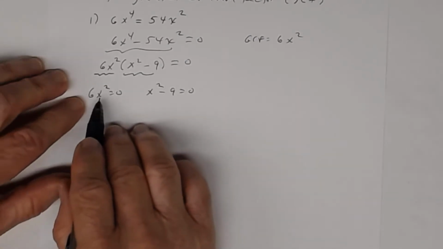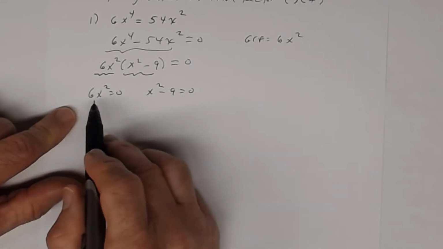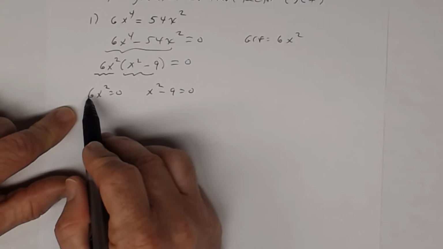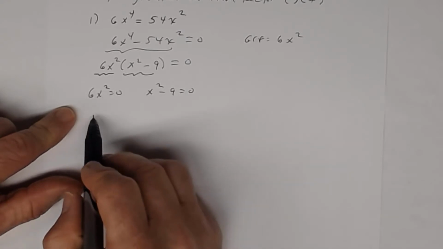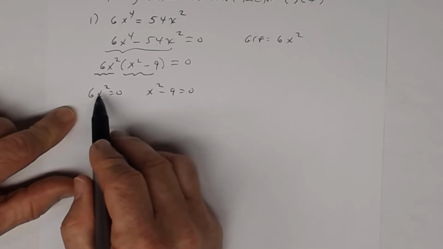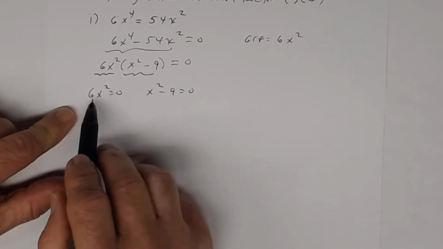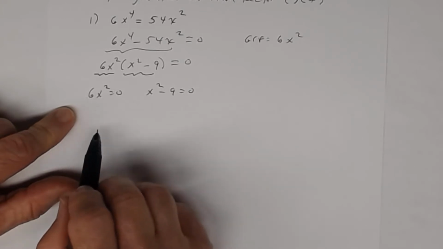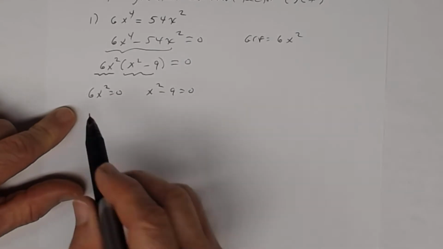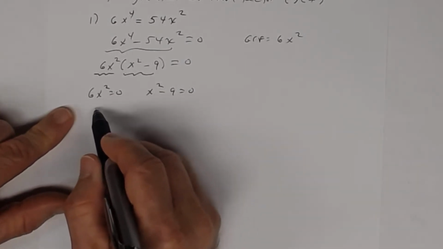Now look at this right here. That's a monomial. So ask yourself, 6 times what number squared is 0? Do y'all agree that that number is 0? 6 times 0 squared is 0, so x has to be 0. And so you could look at this by inspection and say that x equals 0.